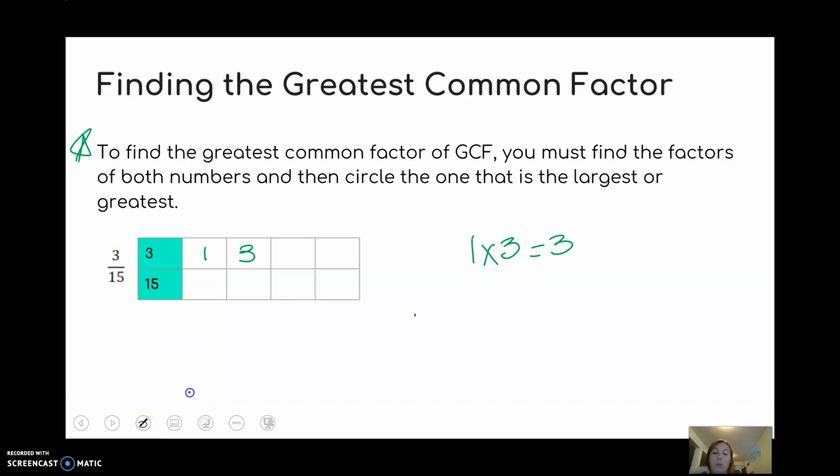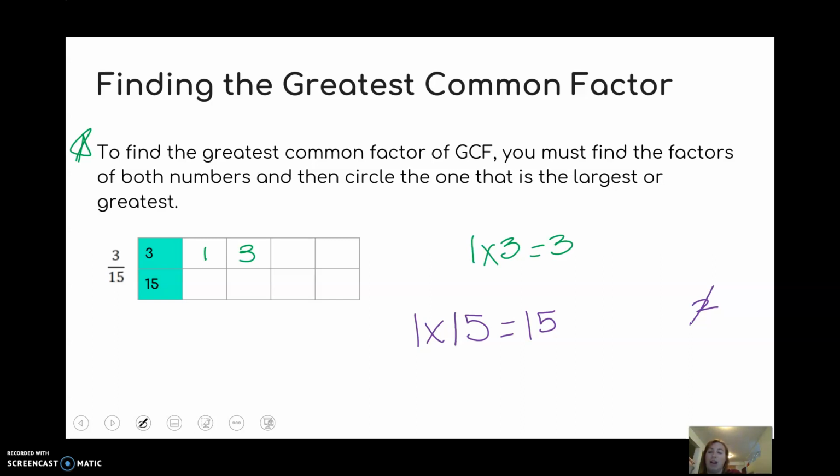I know that 1 times 15 equals 15. Let's see if 2 works. 2, 4, 6, 8, 10, 12, 14, 16. Nope, not 2, so I can cross it out. Let's try 3. 3, 6, 9, 12, 15.